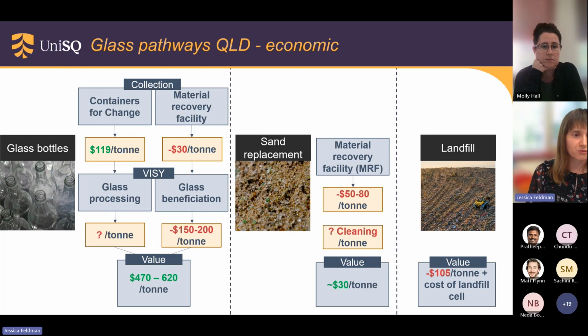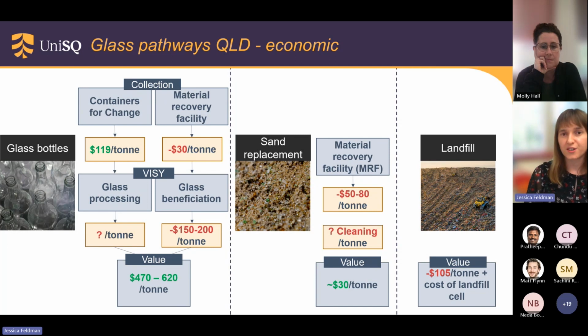Whereas the MRF glass cullet that they produce, which is more contaminated, they actually have to pay to get rid of, even though they've gone through all the effort of sorting it into that glass cullet. So they have to pay about $30 per tonne, which might sound like a bad deal, but when you compare it to the cost of landfill, it's still much cheaper for them.